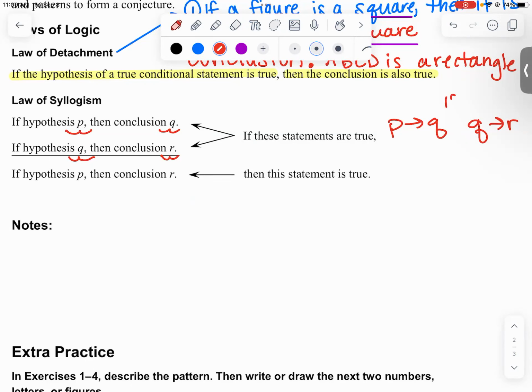Then the law of syllogism says, okay, well, then that means P is going to imply R. See how that works?